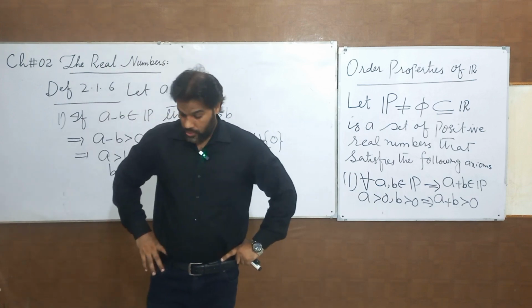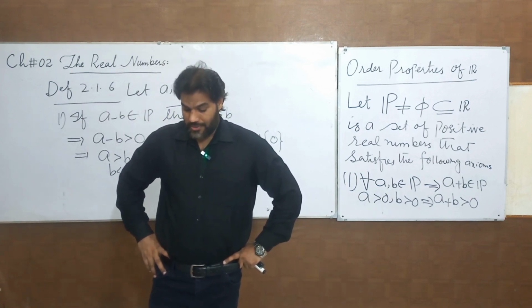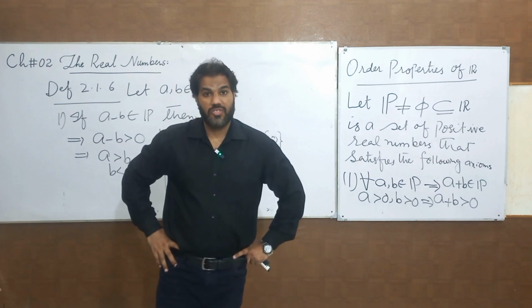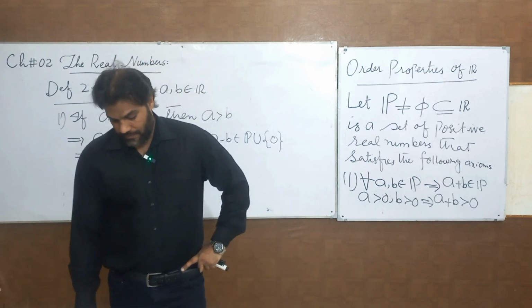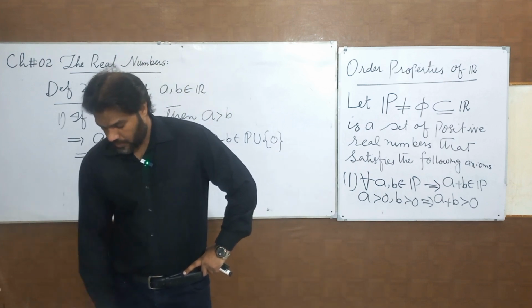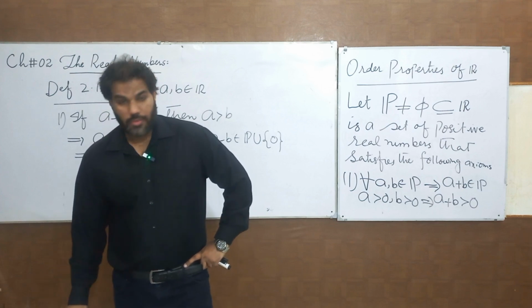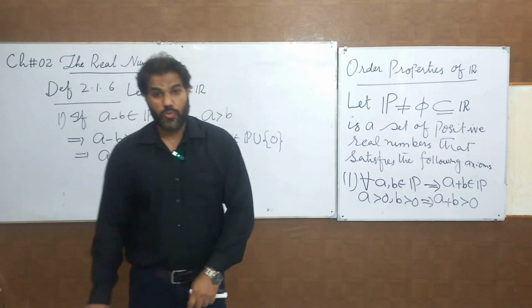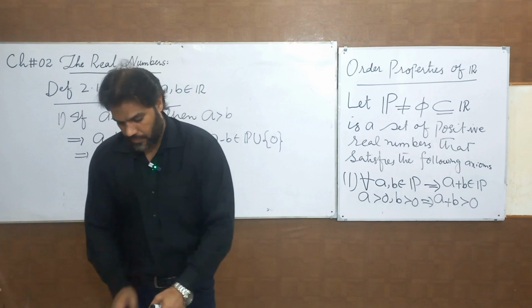Next, we discuss the rules of inequalities and illustrate how the basic order properties are used to derive these rules. Theorem 2.1.7. These are the rules of inequalities.